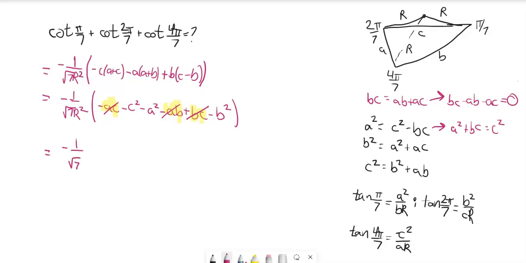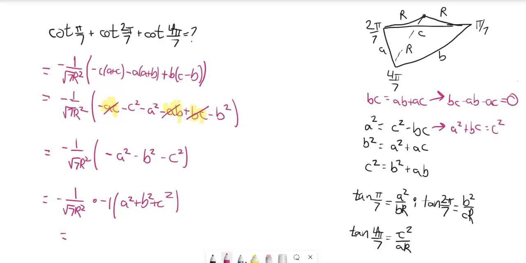Negative 1 over the square root of 7r squared, and inside the parentheses we get negative a squared minus b squared minus c squared. And what happens is, let's factor out a negative 1 from the parentheses, and all of these will become positive.